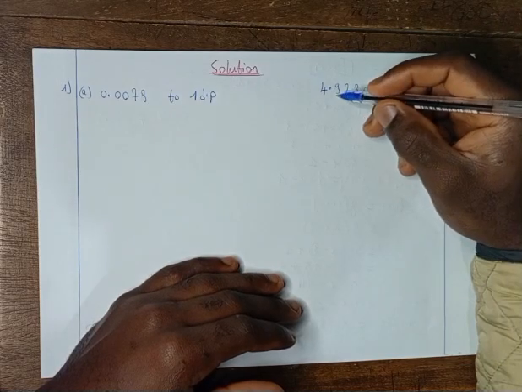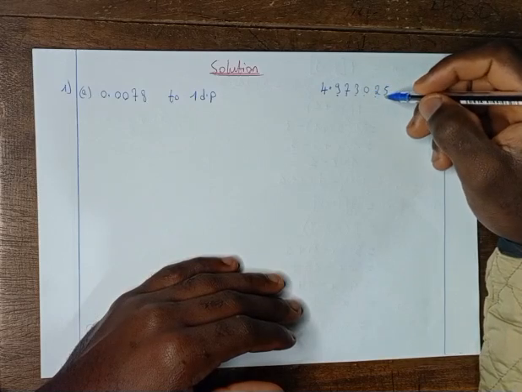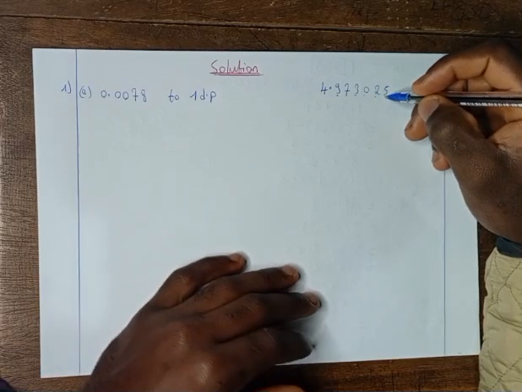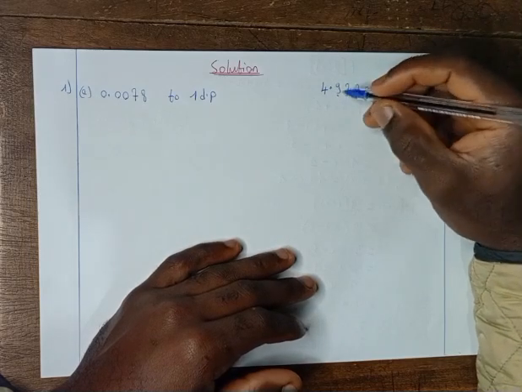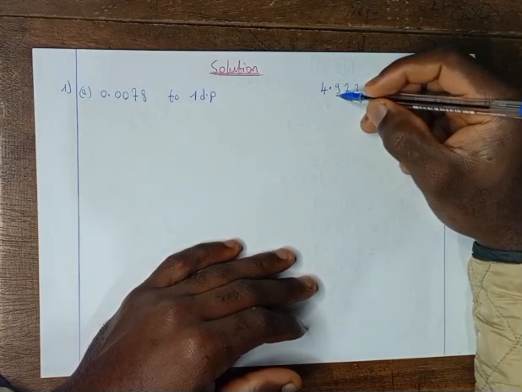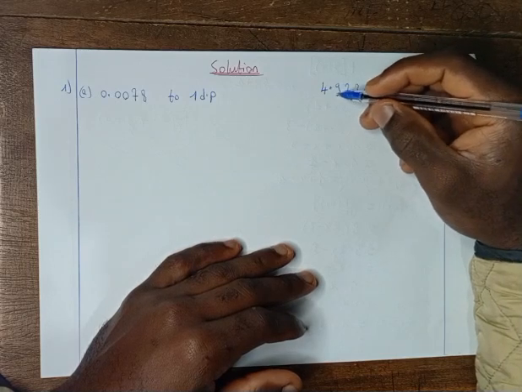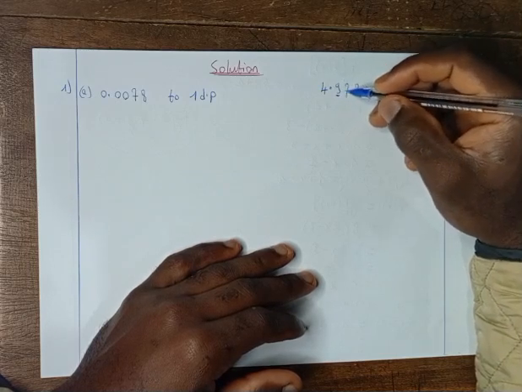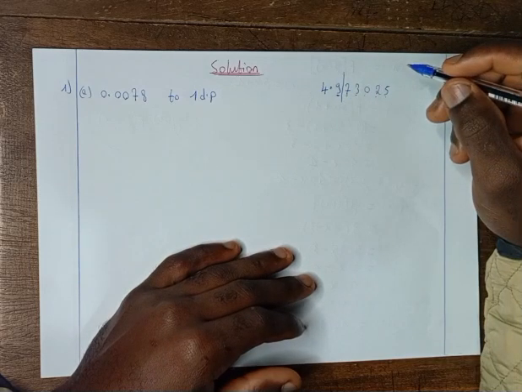This is the first decimal place. This is the second, the third, the fourth, the fifth, the sixth. If we are to write this number to 1 decimal place, we count the first decimal place. This is 1. Then we round off between the first and the second decimal place. So in between these 2 decimal places, we draw a vertical line as such.